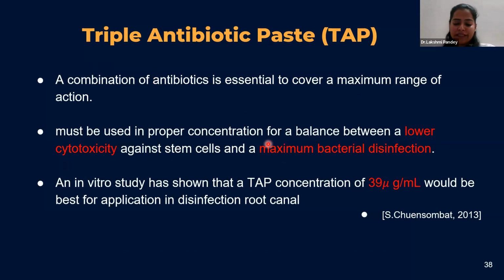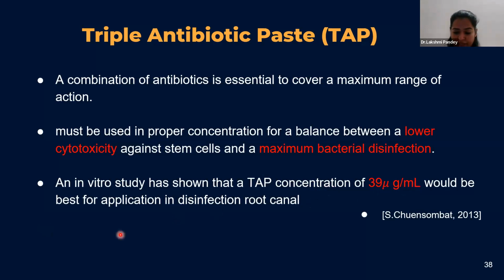There are a lot of vehicles that are also used. You can use propylene glycol or saline as a vehicle. You can mix it, and it is freshly prepared. When you're using saline, you should freshly prepare it in the dappen dish and then use it immediately in the patient's canal. An in vitro study shows that the best triple antibiotic concentration for disinfection of the root canal is 39 micrograms per milliliter.